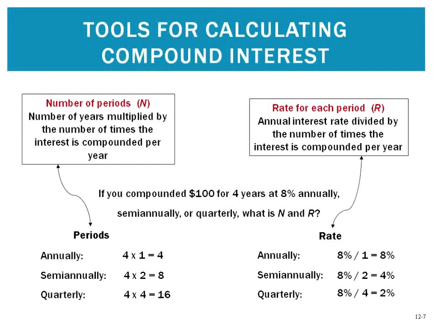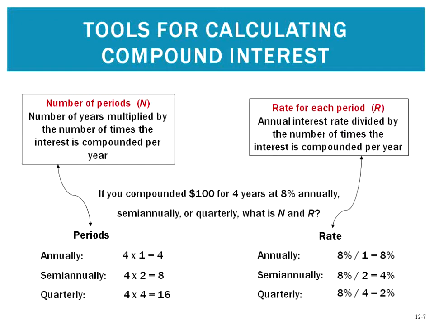Okay, if you compounded $100 for 4 years at 8% annually, semi-annually or quarterly, what is N and R? N is the number of periods, R is the rate. Okay, remember, N is the number of periods. It's not P, because P stands for percent, so that's very confusing. In this case, it would stand for present value. So just remember, N is the number of periods.